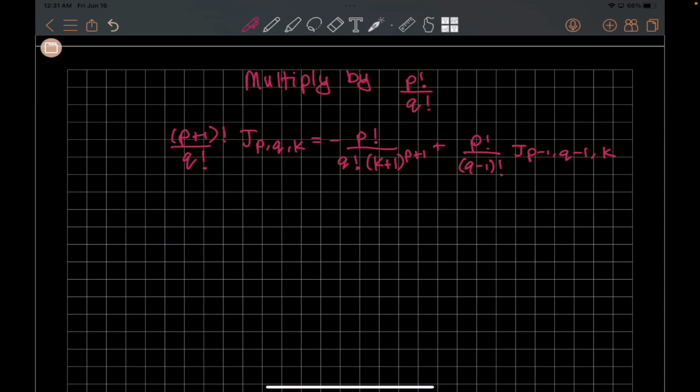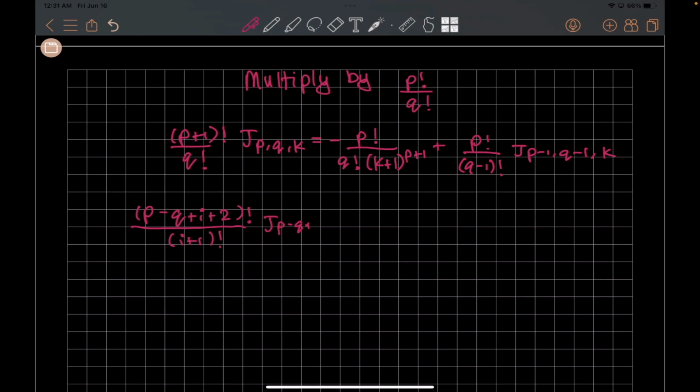So what we can do is introduce (p minus q plus i plus 2) factorial instead of p plus 1, divided by (i plus 1) factorial. So q is replaced with i plus 1 in general.